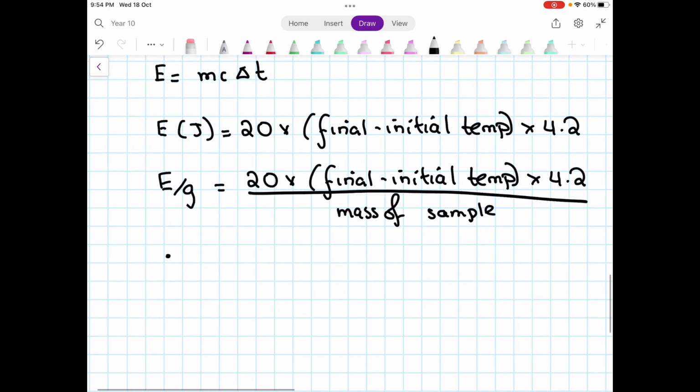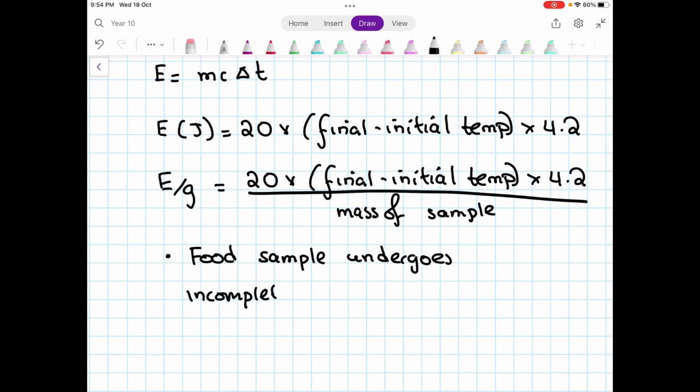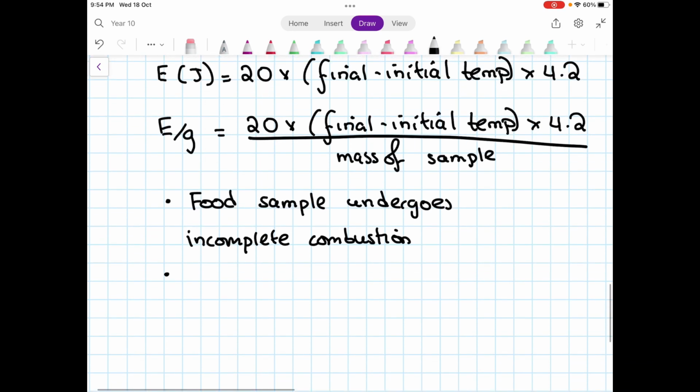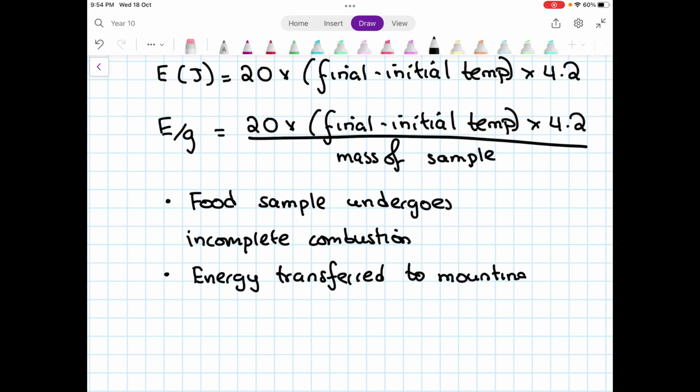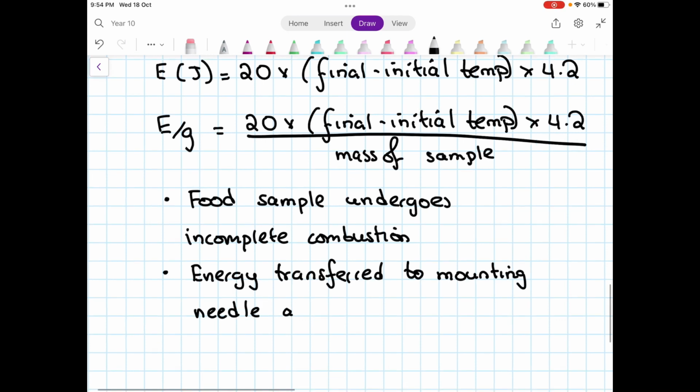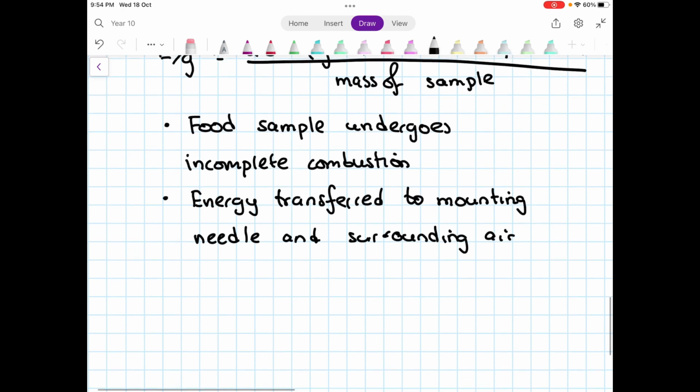For example, the food sample is undergoing incomplete combustion, energy is transferred to the mounting needle and surrounding air, so it's not just going to the water in the boiling tube. Energy is given off as light.